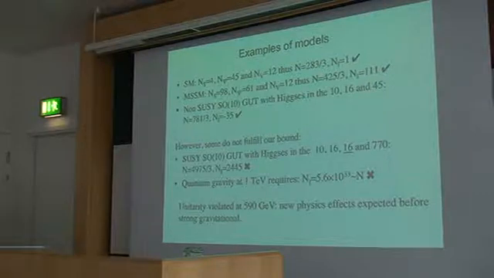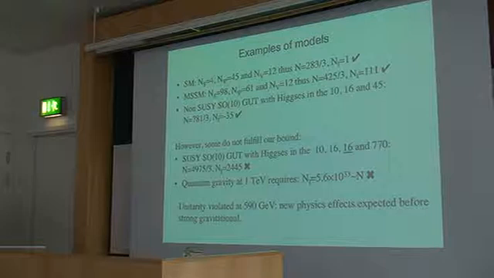But some of the SUSY models people like have enough particles to get into trouble. The non-SUSY SO(10), for example, is fine with 10, 16, 45. It's a big representation already. But if you take a SUSY SO(10) with some sizable representations, you find that you can violate that bound.